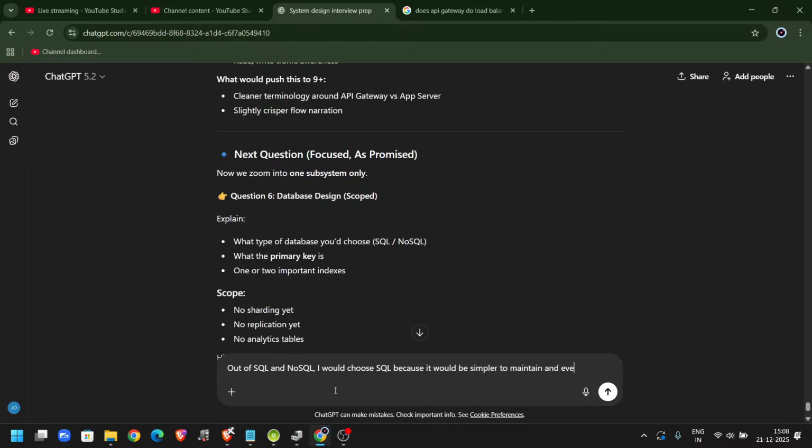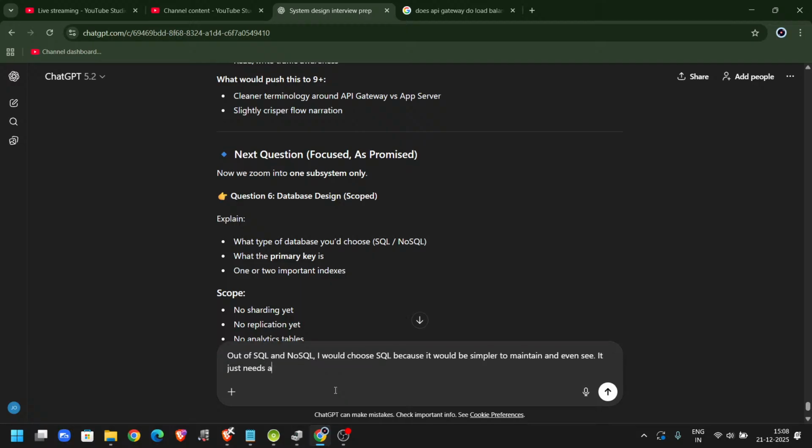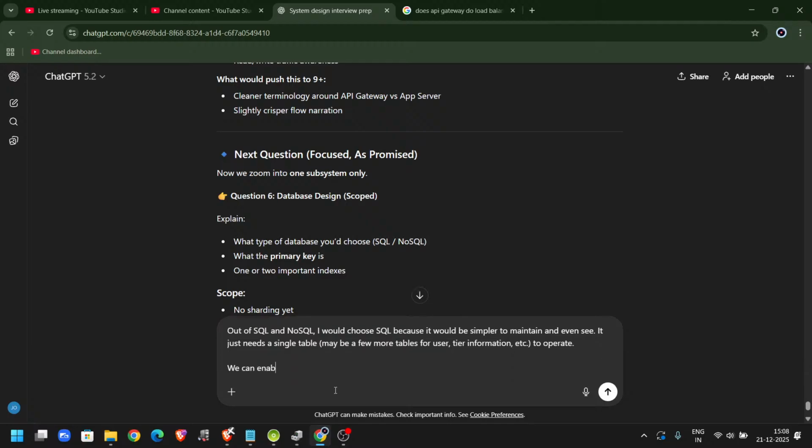It just needs a single table, maybe a few more tables for user, tier information, etc. Enable indexing.